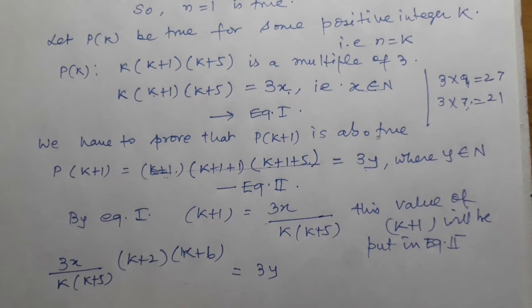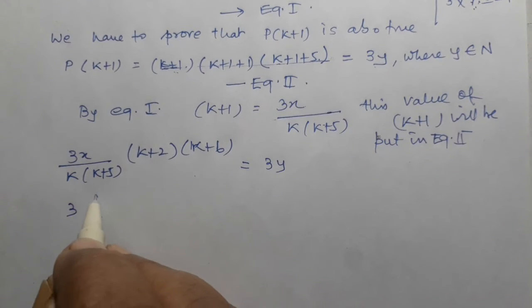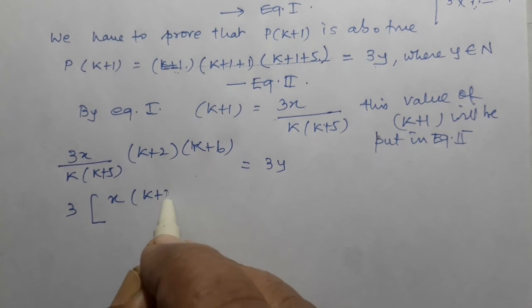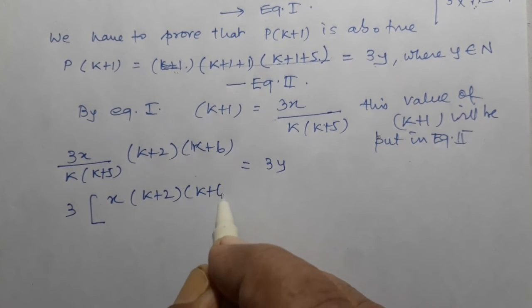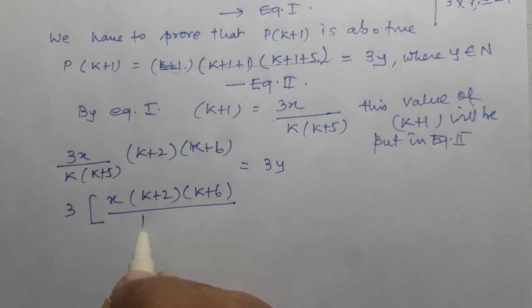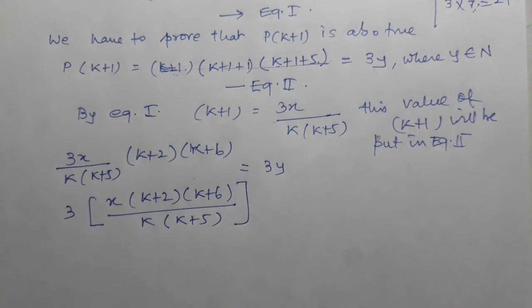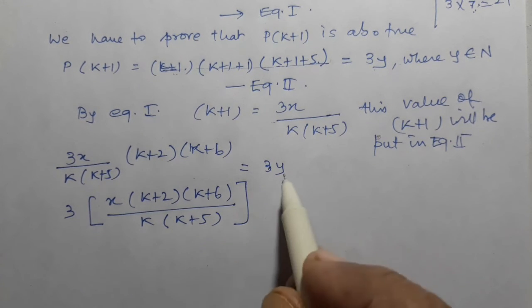So we can write this 3 into x into k plus 2 into k plus 6 by k into k plus 5, and for this 3 is here, 3 is here, so y is this part.